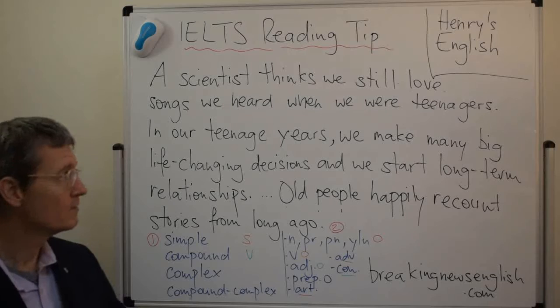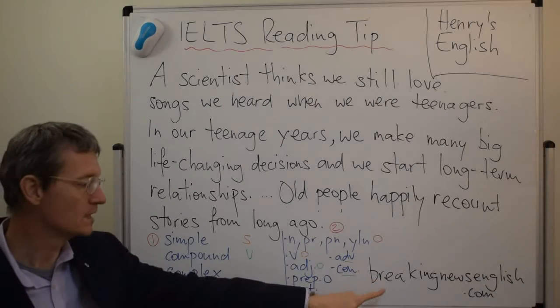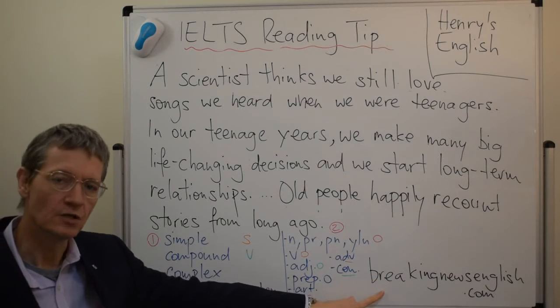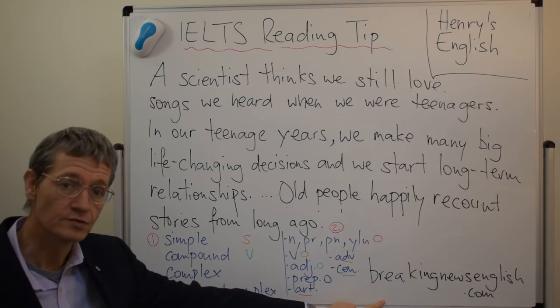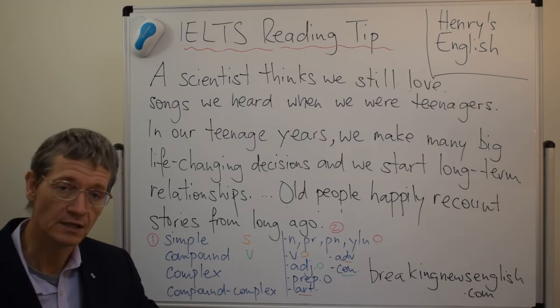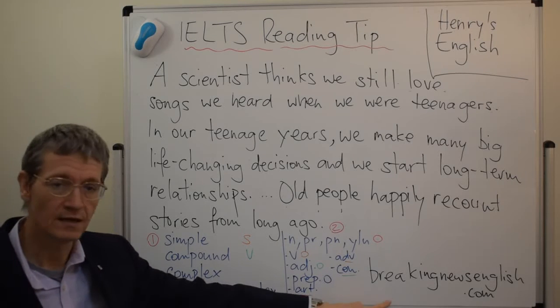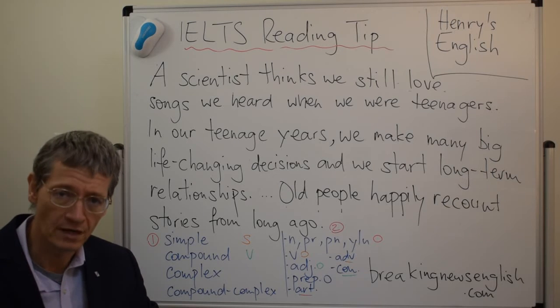So this paragraph that we're going to analyse is taken from the website breakingnewsenglish.com. Now I highly recommend that you use breakingnewsenglish.com to improve your reading ability. The person who produces this website puts out an article every 2 or 3 days, and it's on a current theme, on a current global topic.